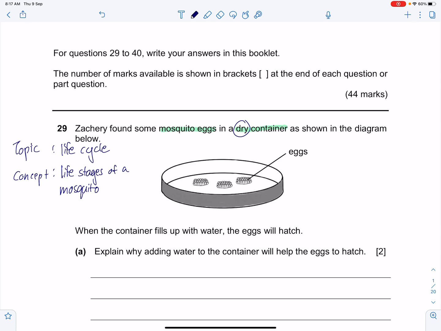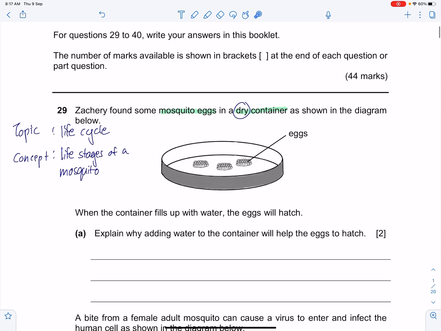So you obviously need to address the part about it being dry and why that's no good for the mosquito. Because part of the life stages of your mosquito is in the water, having a dry container isn't going to cut it. Your mosquitoes won't be happily breeding there. So that's what comes through my mind, the first thing I see, even before looking at the question.